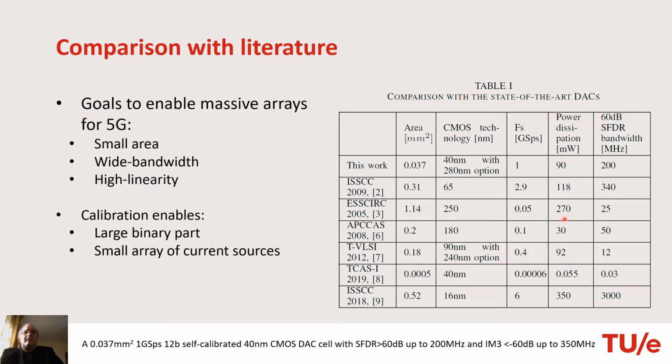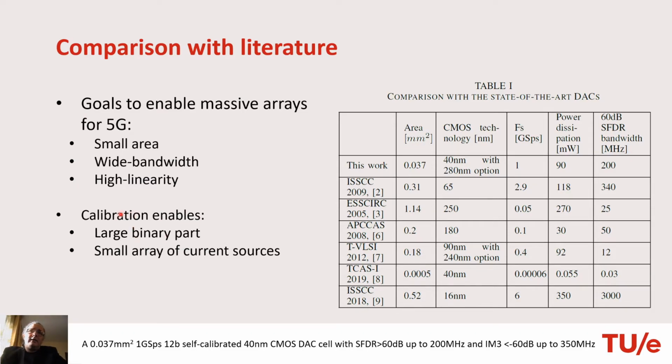Then this is, of course, as shown, enabled by the calibration, and the calibration actually allows us first to use a large binary segmentation part, which makes the whole architecture of the D2A converter very efficient in both resources, area, and power consumption.